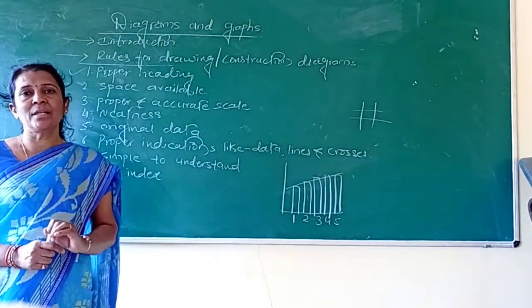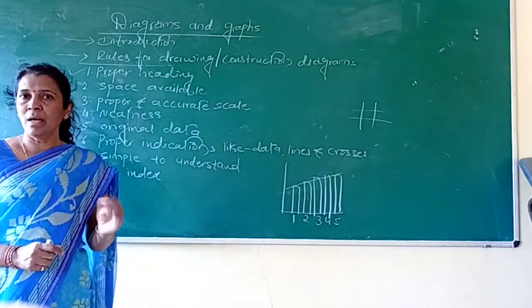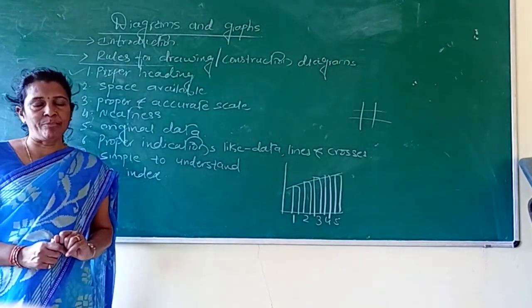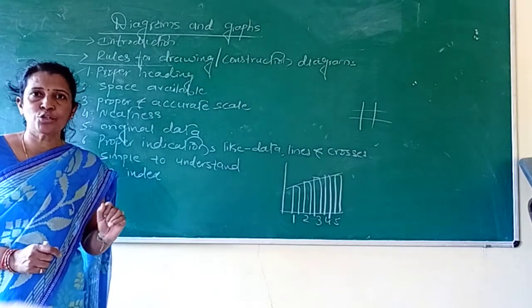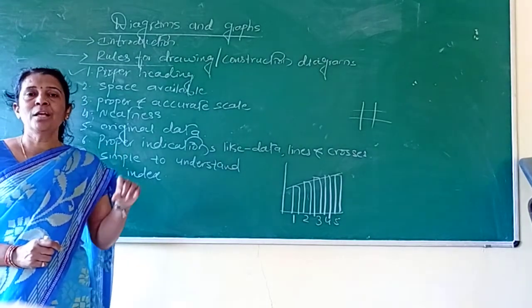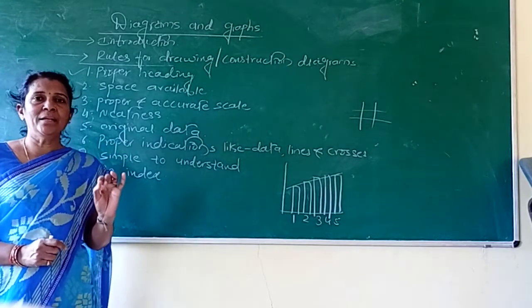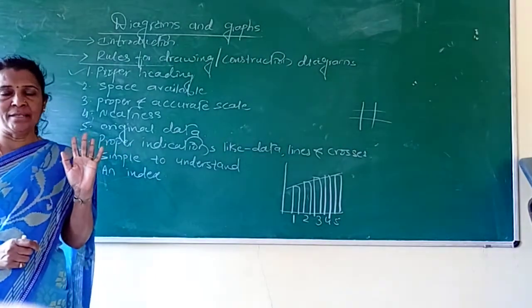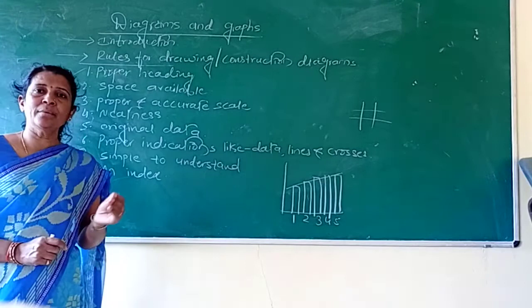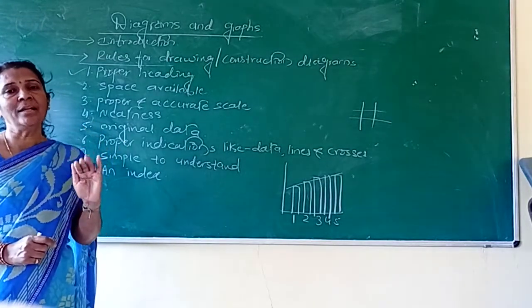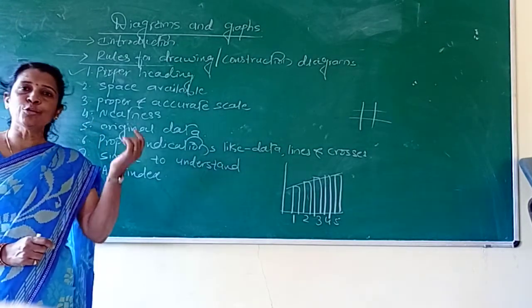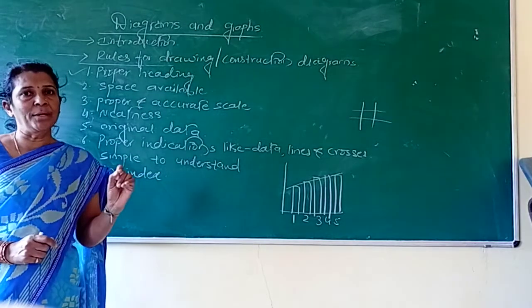Now the question arises, how should your heading be? The heading should be short, precise and clear. It should be a suitable heading, and the title should say what your diagram is about.